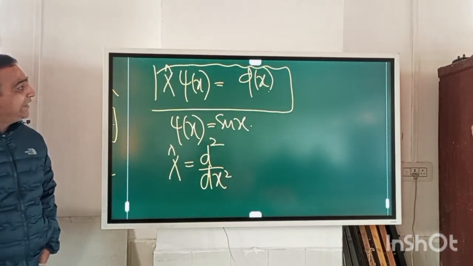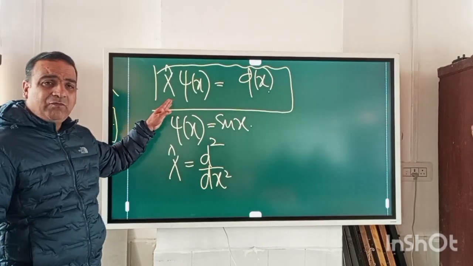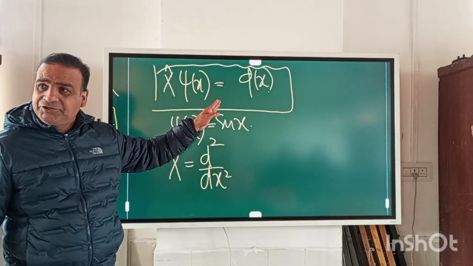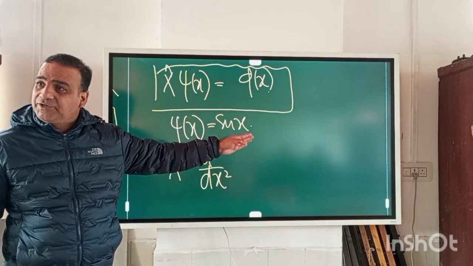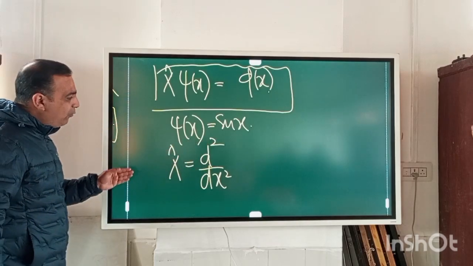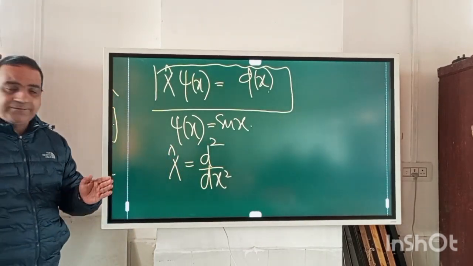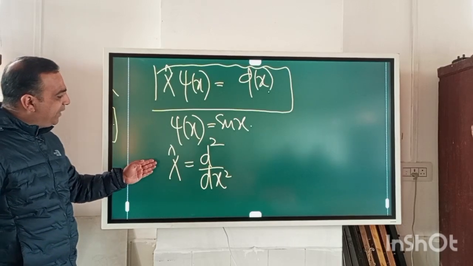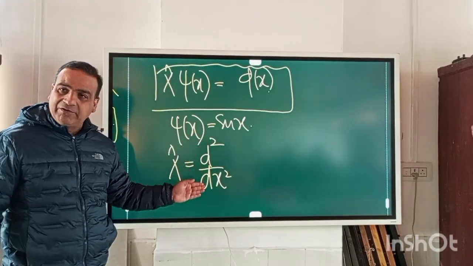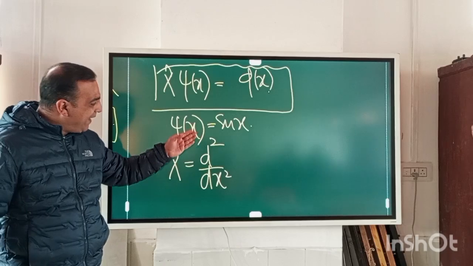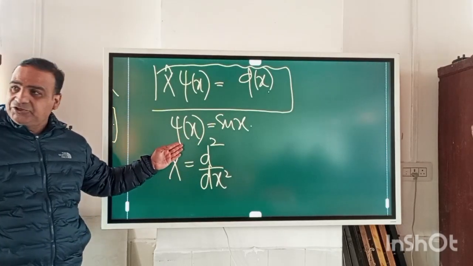In the first case, we had an operator, we operated it on a function, and we got another function. Now I'm using a different operator, defined as the double derivative with respect to x, and I'm acting this operator on my function.